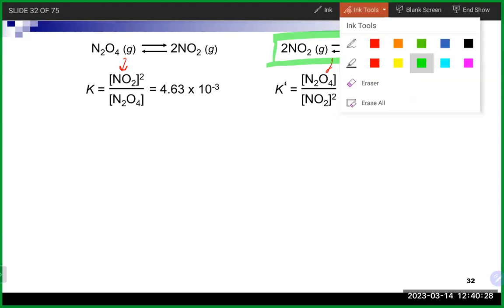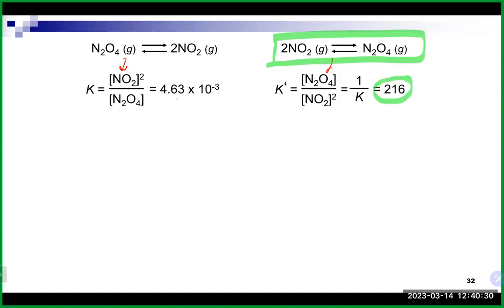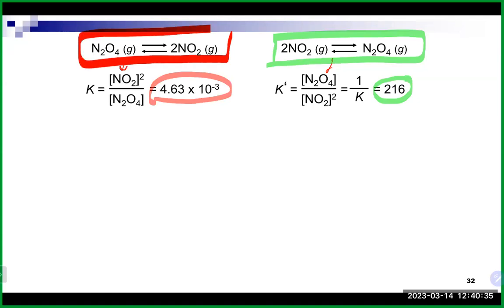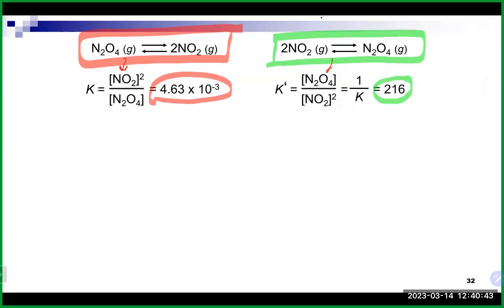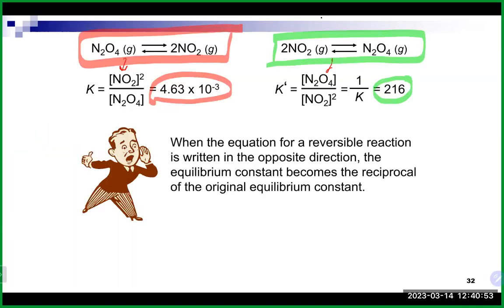As opposed to if I said the K value is this number here, that is specific for exactly how this reaction is written. What are our reactants? What are our products? So when you see a K value given, it is specific for exactly the way the reaction is written. And that's, again, a very common way that we will manipulate an equation.